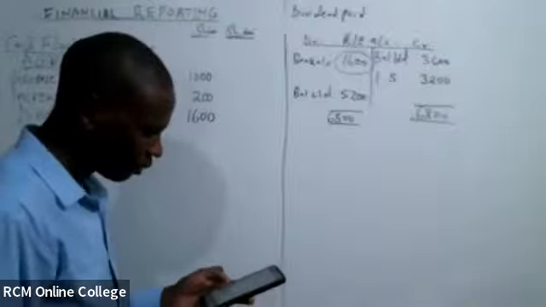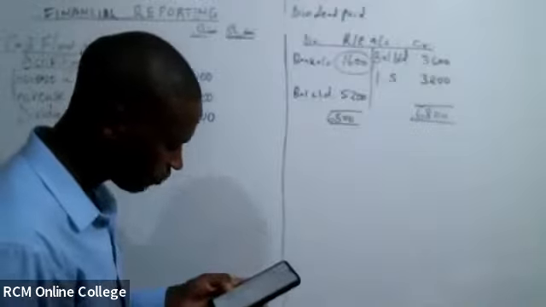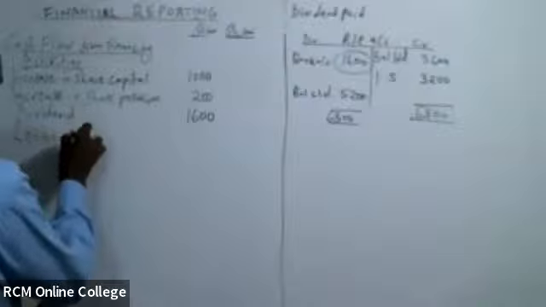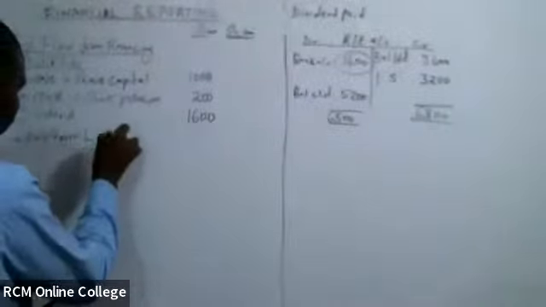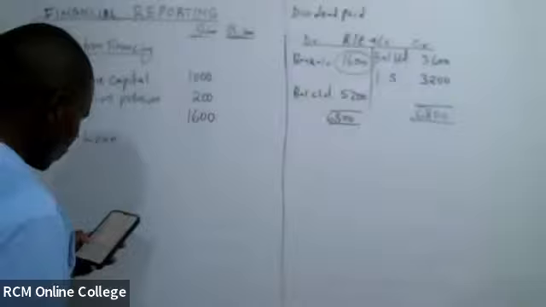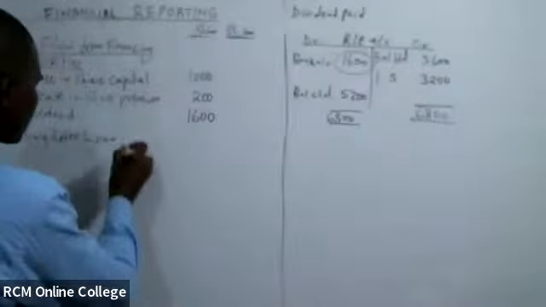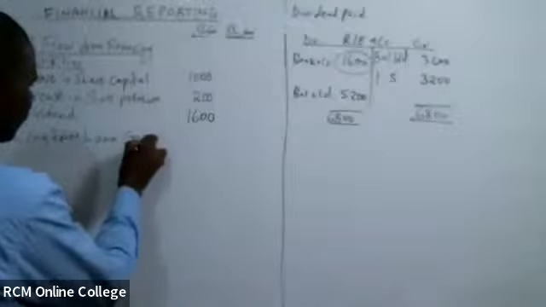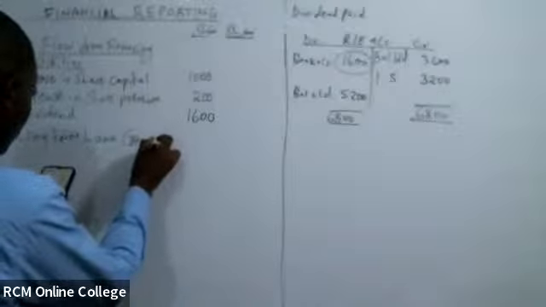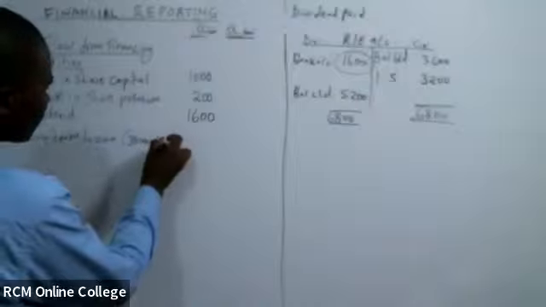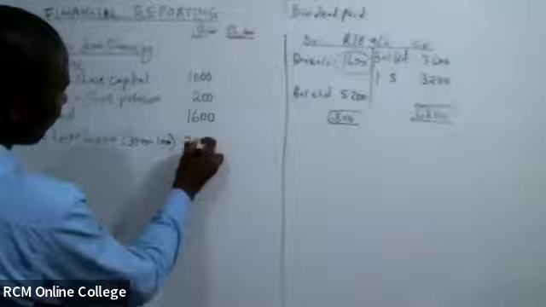Good. Now let's finish on the long-term loan. Still the same. I just look at 2540, 3400 minus 1000. That is 2400.